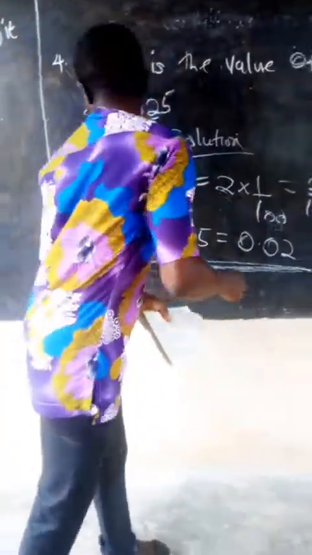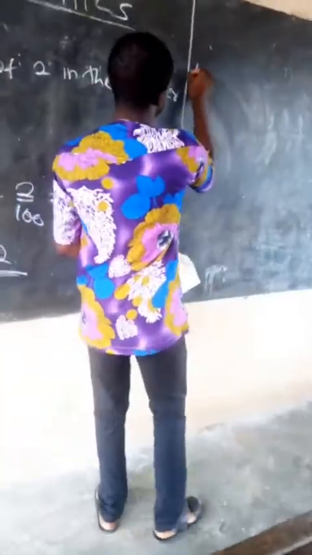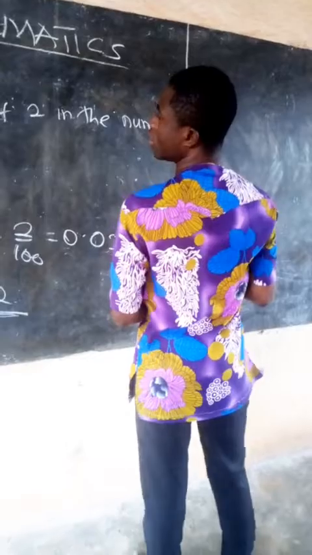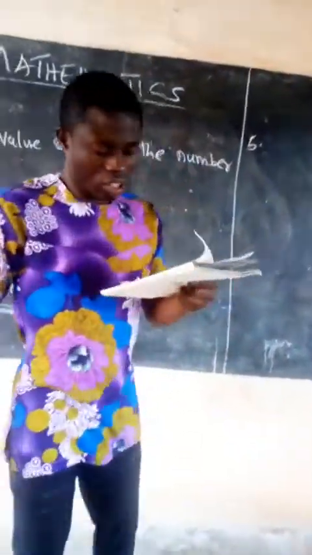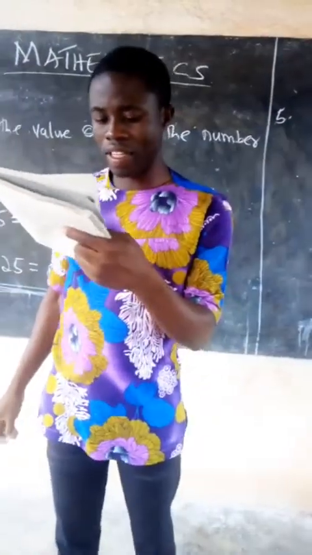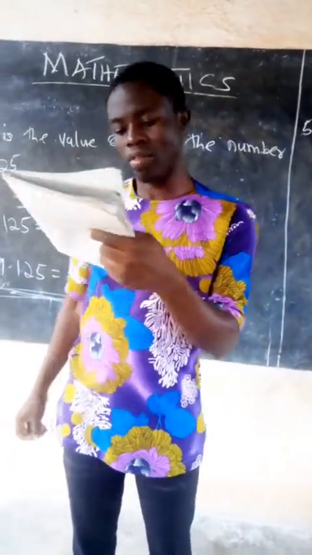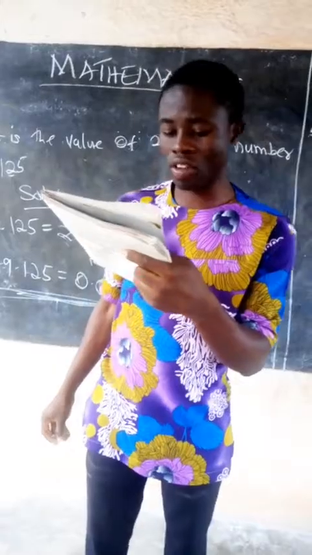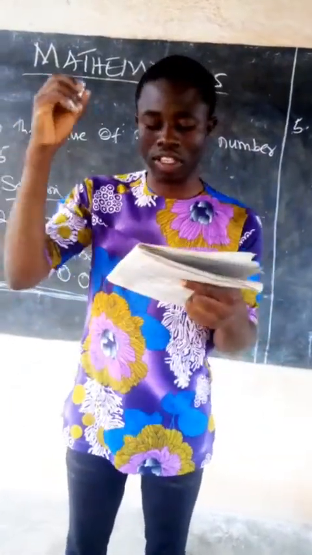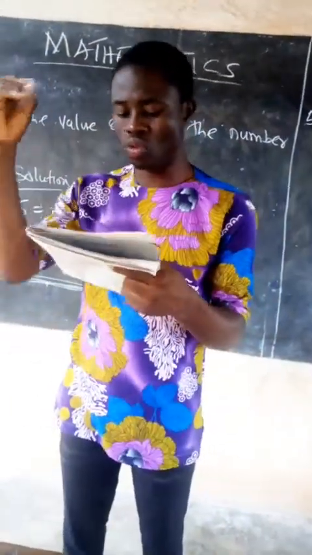Example 5. The question says, what is the value of 5 in the number 876.521? We are going to find the value of 5 in the number 876.521.